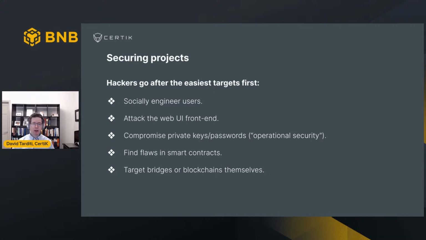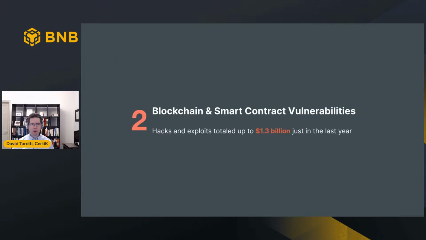They can try to find flaws in your smart contracts, and they might target the bridges or blockchains themselves. Any one of these approaches might be what they take. They really look for what's easiest. So it's really important in terms of securing your projects that you think about the overall, end-to-end experience, because there are definitely hackers out there, and they're definitely going to go after the easiest targets first.